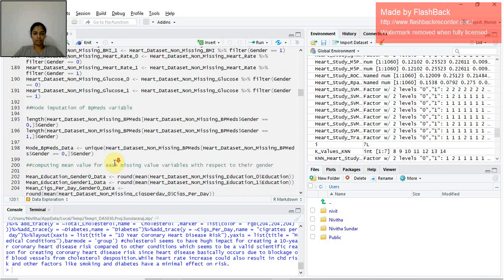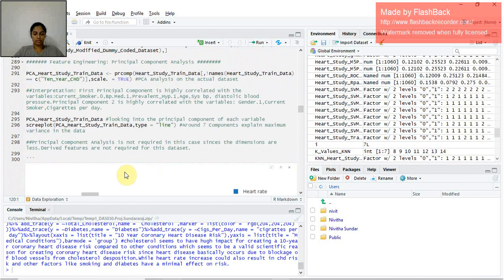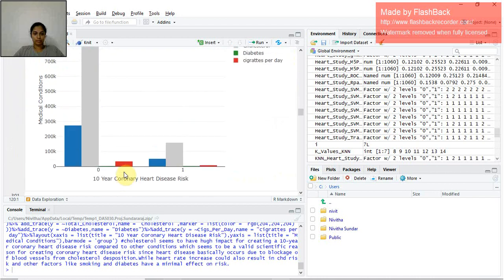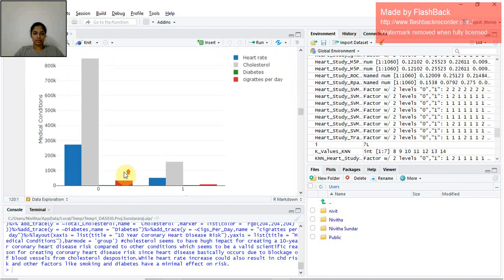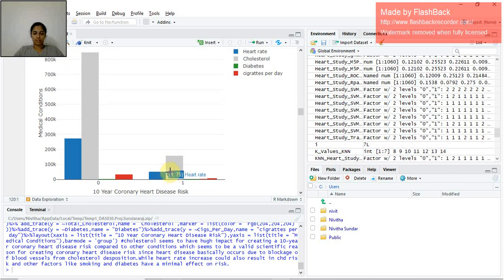If you have a look at the bar plot that I created with the medical conditions, this is the bar plot, and it was constructed based upon various variables. On the x-axis is the coronary heart disease risk variable, which is a categorical variable. 0 indicates absence of risk and 1 indicates presence.